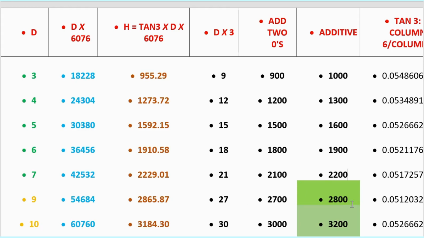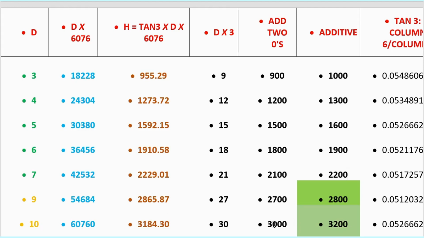So for these two we just add maybe 100 feet here, and maybe 200 feet here, because 3184 is for 10 miles. 10 miles times 3 is 30. Add 2 zeros gives you 3000, and this to the nearest 100 is 3200. So from 10 miles onwards, we add, let's say, 200 to the values we get in this table here. I hope that is making sense.